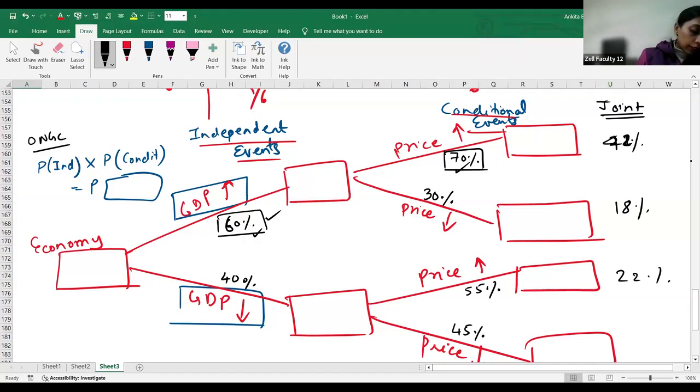And then 45 into 40? 18. So these probabilities are known as my joint probabilities, where I just multiplied: 6 sevens are 42, 6 threes are 18, 55 into 40 is 22, 45 into 40 is 18. These are my joint probabilities.